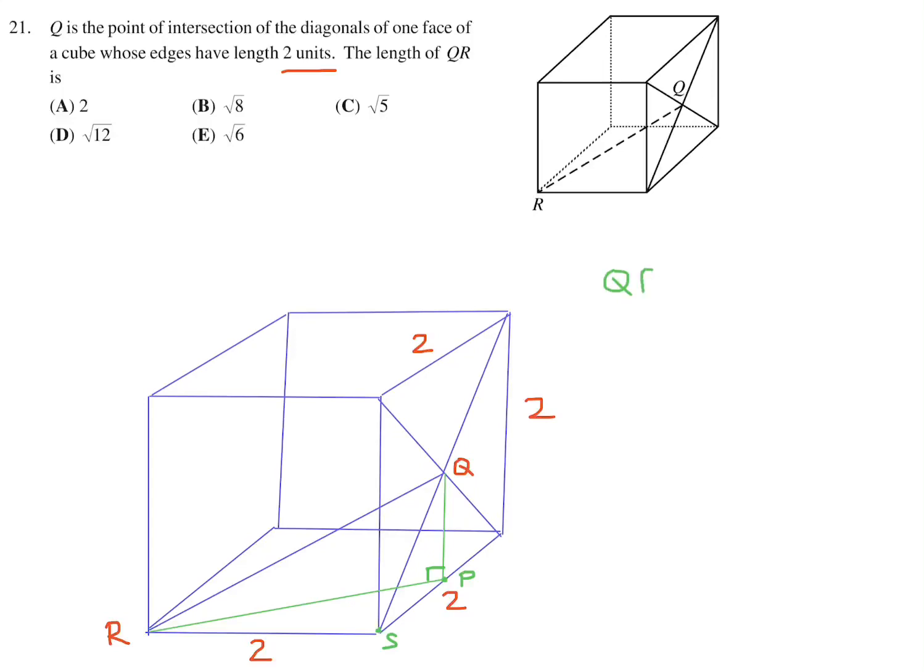And the relationship in this triangle based on the Pythagorean theorem is that that is equal to PQ squared plus RP squared. And I'm going to systematically figure out first QP, and then I'll figure out RP. And then I'll come back to this, plug it in, and we can figure out QR.